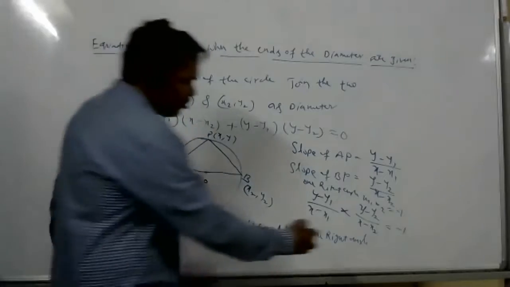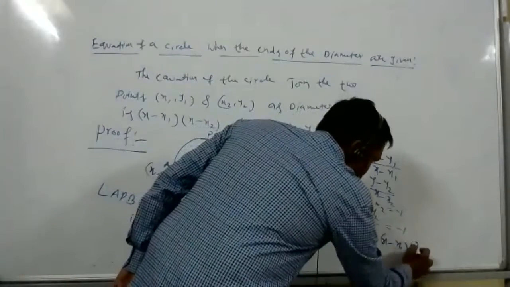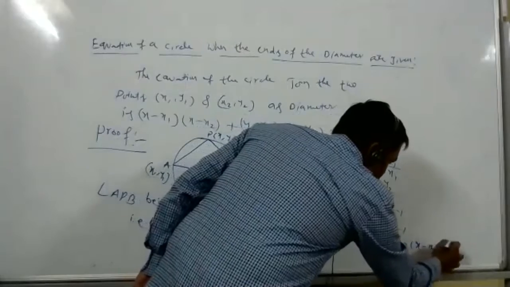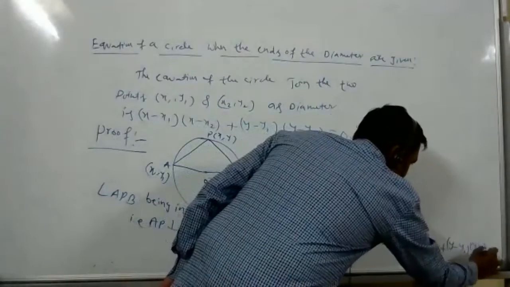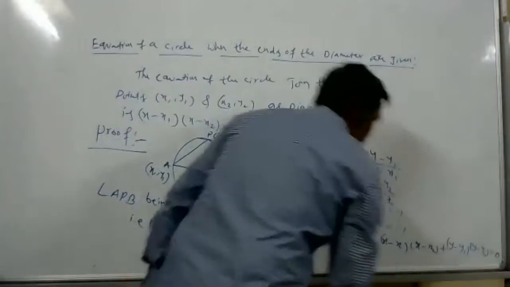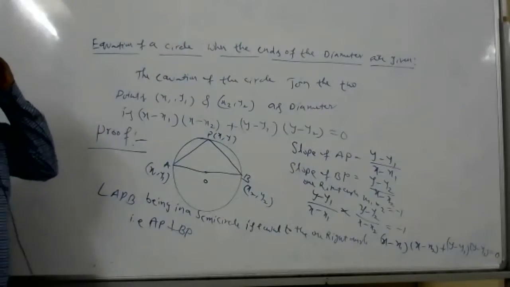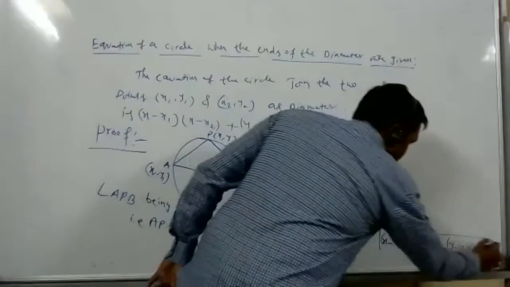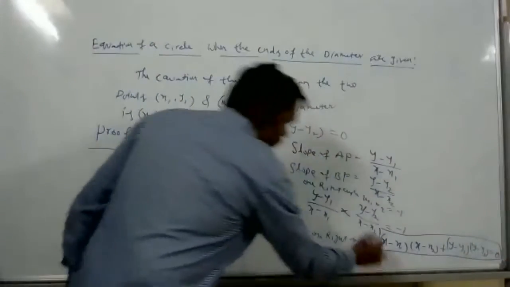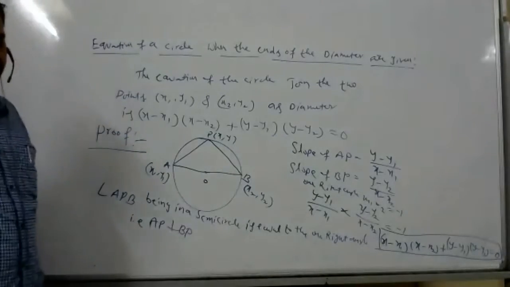Then x minus x1 into x minus x2 plus y minus y1 into y minus y2 is equal to 0, which is the equation of the required circle.